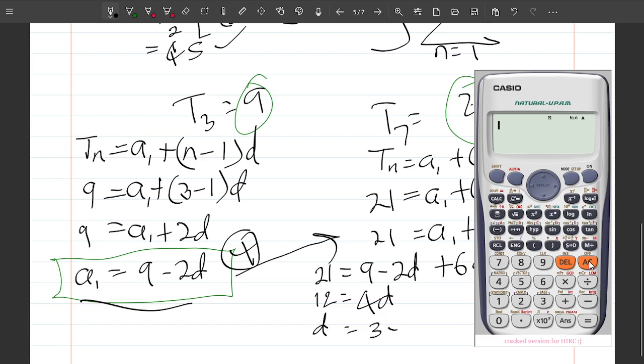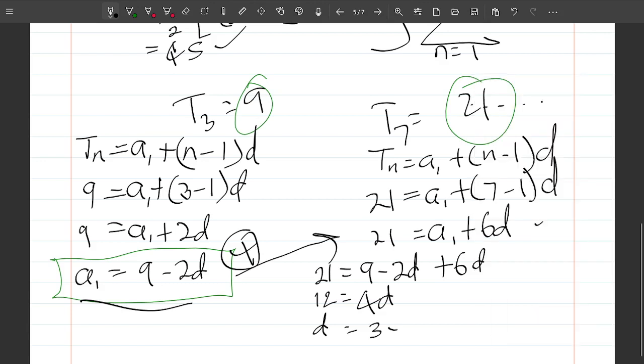So to test out your answer, we're going to set that aside. I'm just going to jot down the values that we got. We got an a of 3 and a d of 3 as well, after doing this whole long method of simultaneous equations.